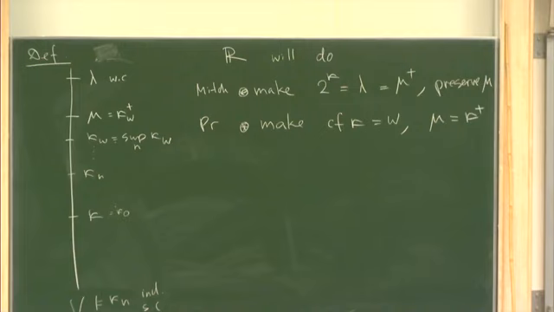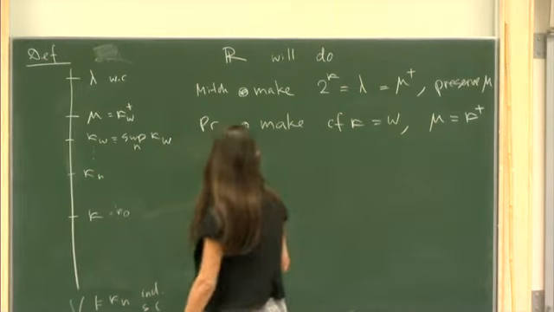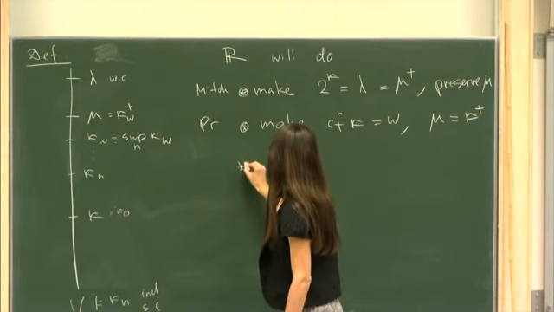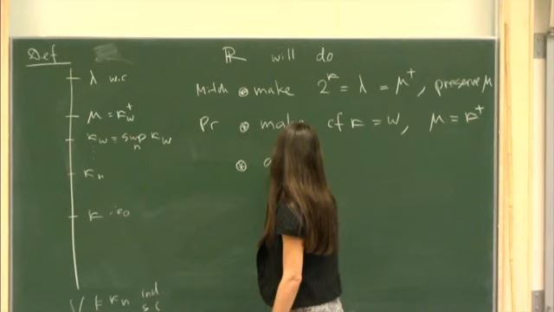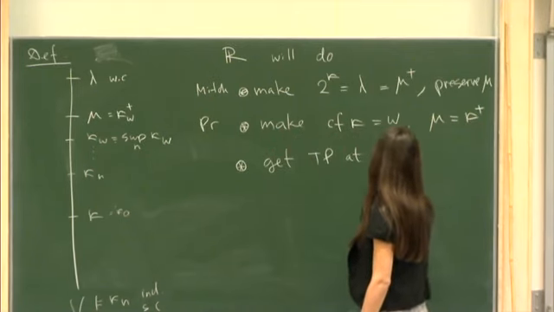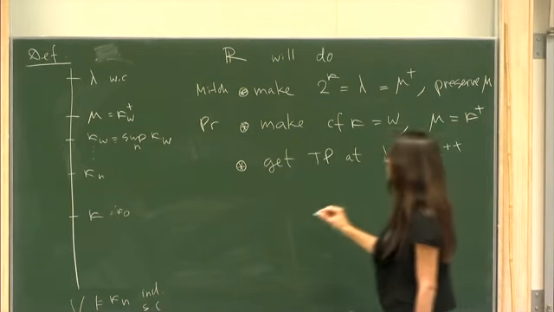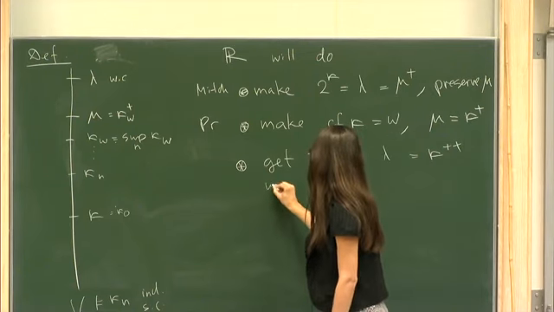Okay, and then, very roughly speaking, how do we get the tree property at lambda, which will be the double successor of kappa?